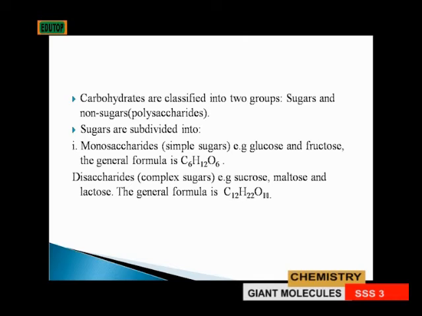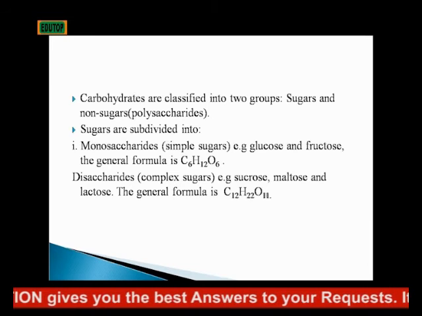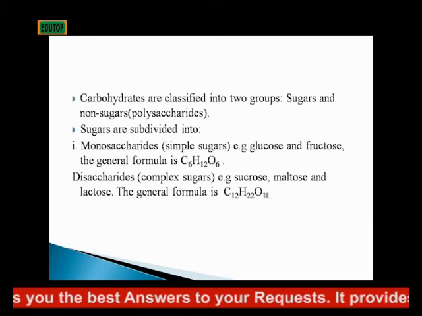Carbohydrates are classified into two groups: sugars and non-sugars, which are also known as polysaccharides. Sugars are subdivided into monosaccharides, disaccharides, and polysaccharides. In a complex situation, you can also have oligosaccharides, but for the context here, we have monosaccharides, disaccharides, and polysaccharides.